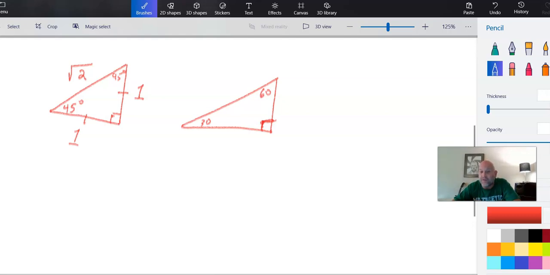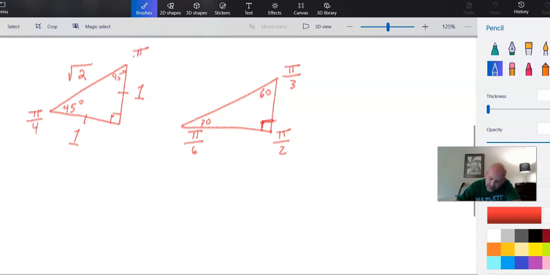Now, the other way you want to think about this is in terms of radians. 30 degrees, if you run it through the conversion, is pi over 6. 60 degrees is pi over 3. 90 degrees, just for reference, is pi over 2. 45 degrees is pi over 4.